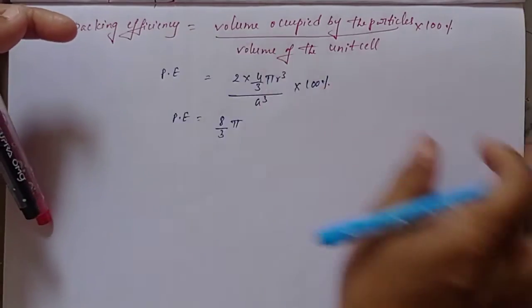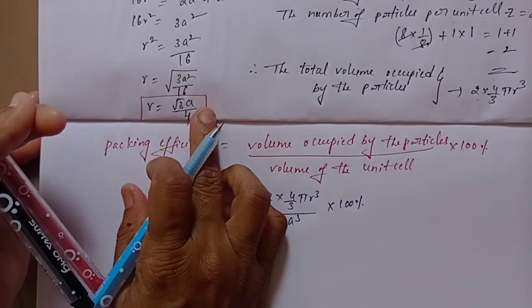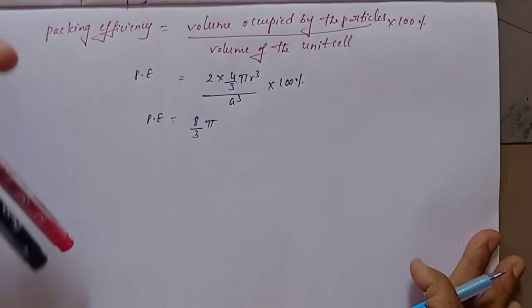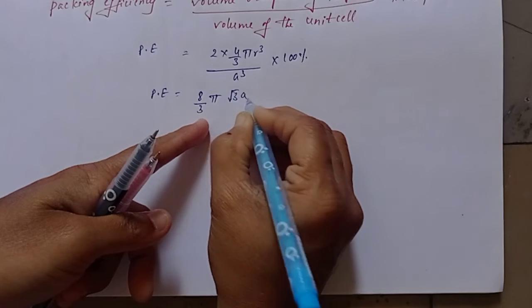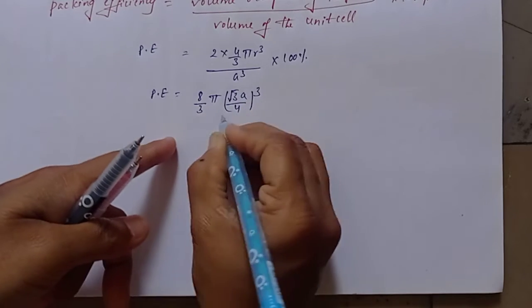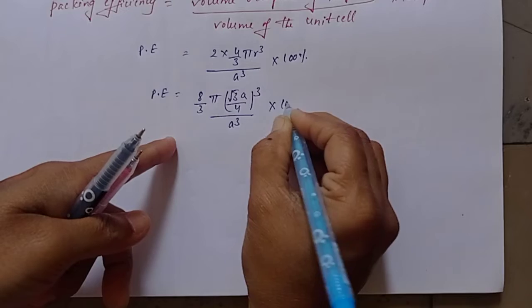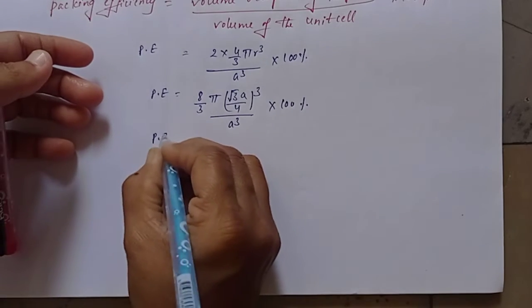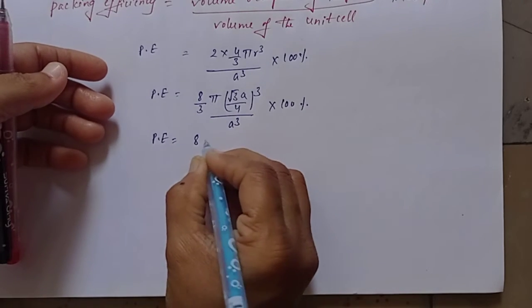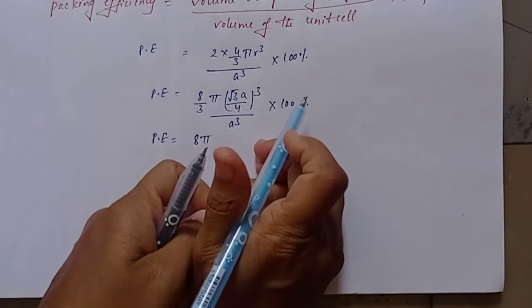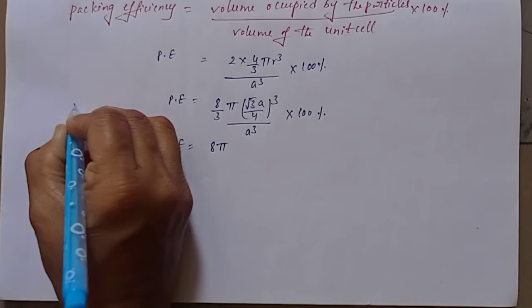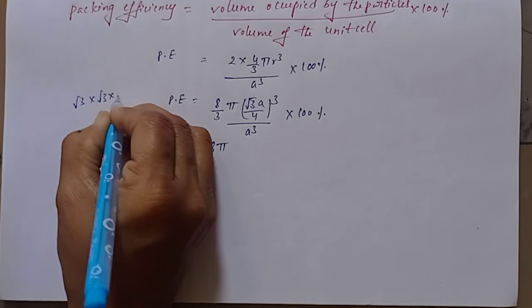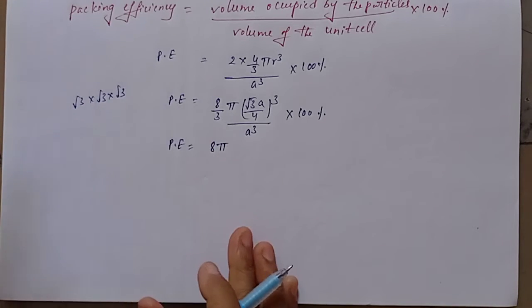R value, how much, students? In BCC we calculated the radius R is equal to root 3 into a by 4. So that value we substitute: pi into root 3 a by 4 whole cube by a cube into 100%. Packing efficiency is equal to 8 pi root 3 whole cube. What is root 3 whole cube, students? Root 3 into root 3 into root 3, three times we multiply.